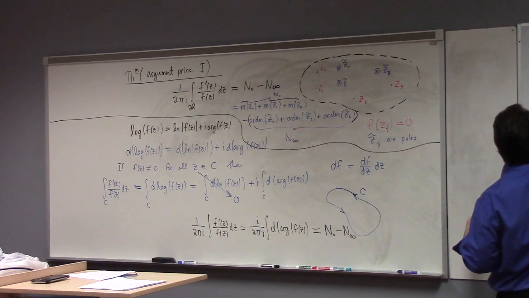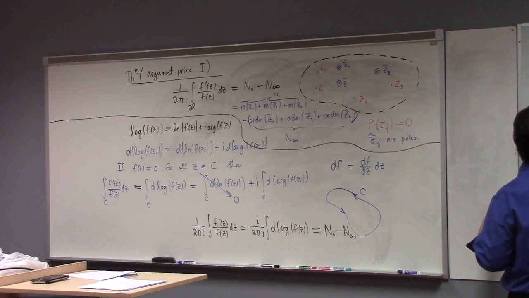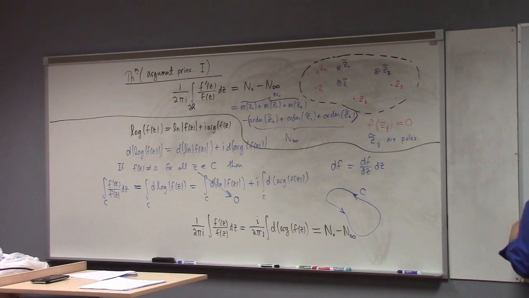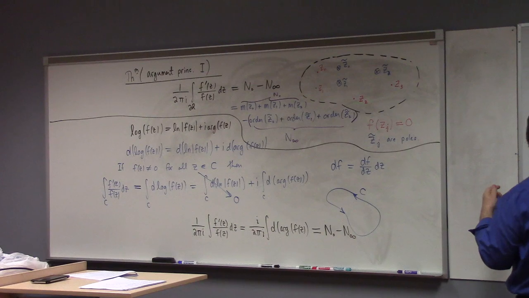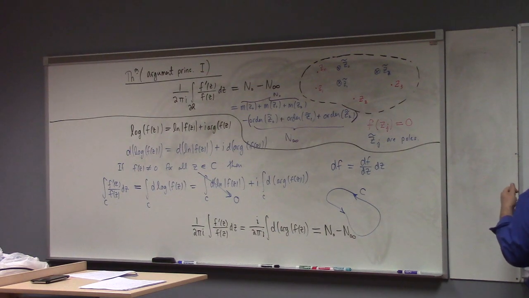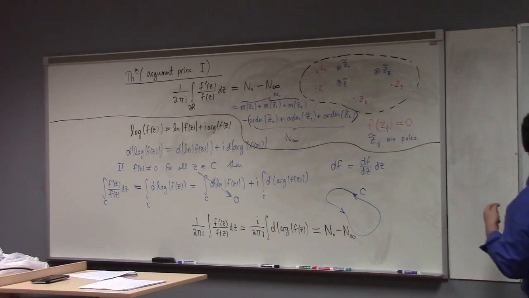So, theorem: the integral over the curve of the differential of the argument of f of z is equal to 2 pi times the number of zeros minus the number of infinities, again counting multiplicity.